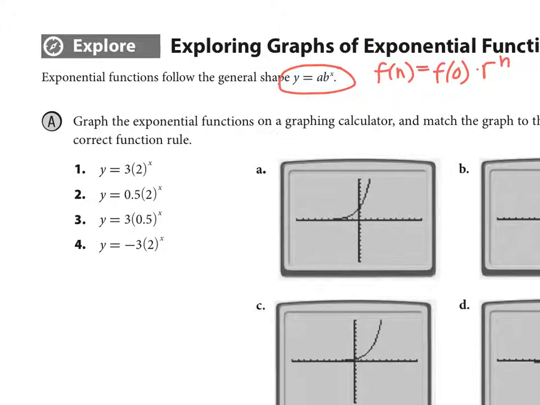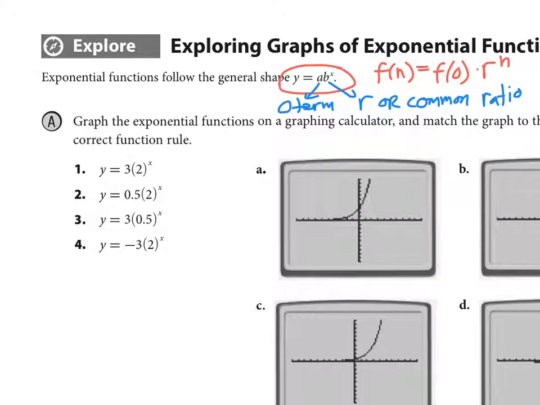Okay, so it's still the same thing, just in a different way again. So A here is our zero term, and B here is our R, or our common ratio, as we learned in geometric sequences. Okay, and things you want to remember about that are how those affect graphs itself.